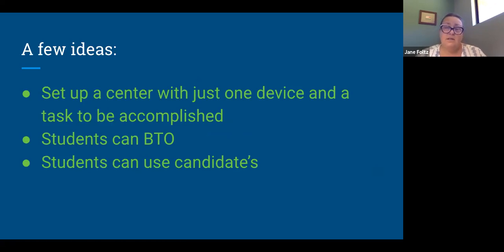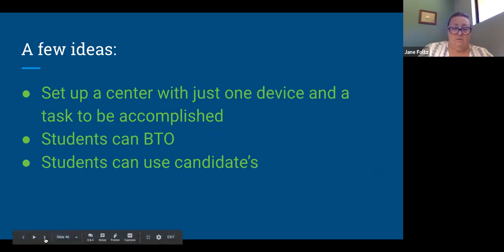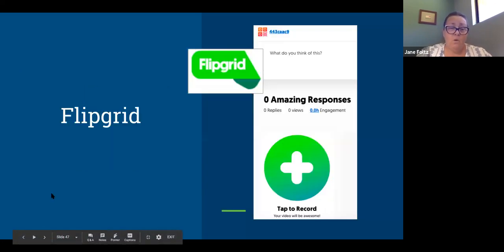That is a task that is inherently collaborative because it works so much better with more than one person. Students can bring their own devices, especially at your upper grade levels. And students can use the candidate's device. That would open up a whole new world. So there are workarounds if limited tech is a problem.